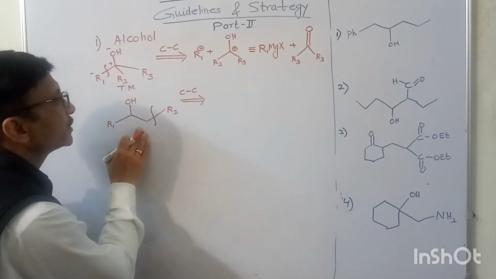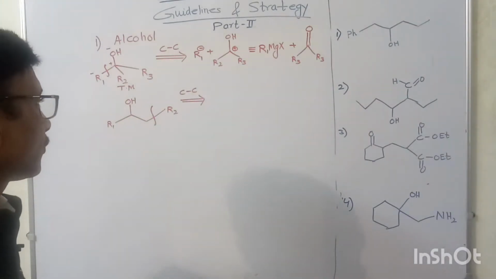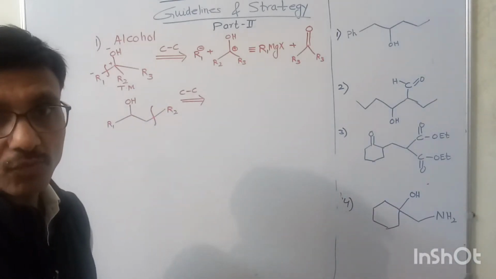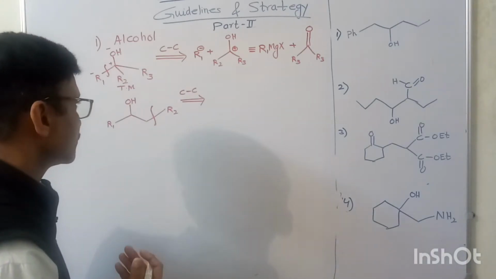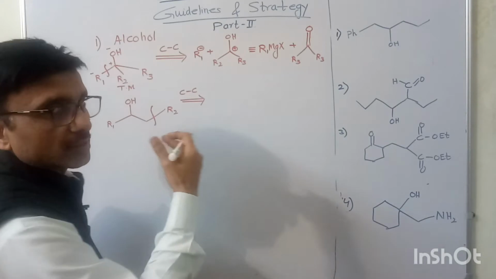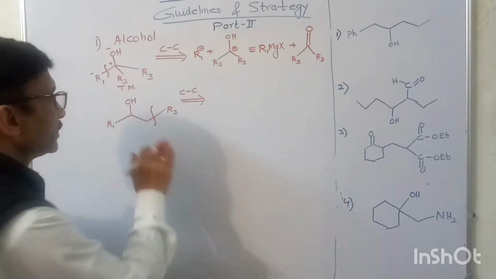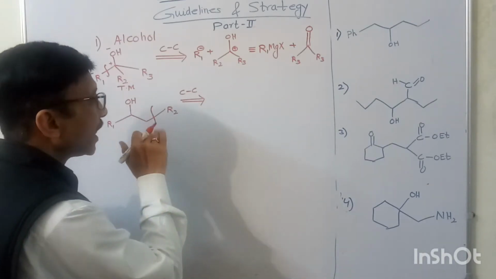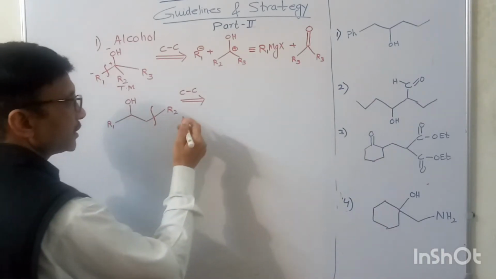What is the reason for this? This gives an epoxide as a synthetic equivalent, which is very reactive, and the reaction can be done easily in the presence of an epoxide. So this is not a natural type of disconnection. It gives some unnatural synthon, and those are called umpolung.